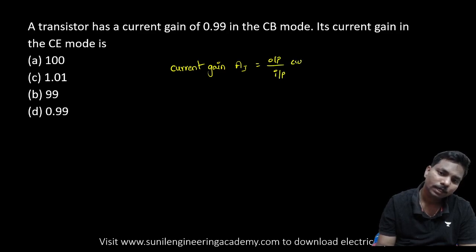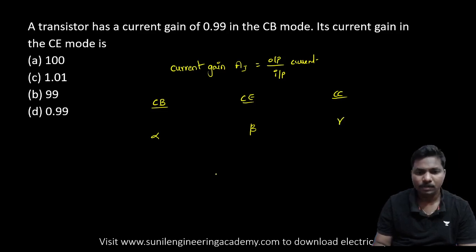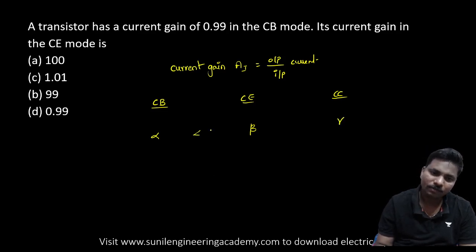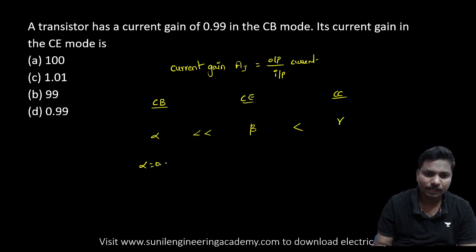So in case of common base, common emitter, common collector, it is denoted as alpha, beta, gamma. Alpha is very much less than beta, and beta is also less than gamma. Here alpha they have given 0.99 and they are asking beta. We know beta is very high.